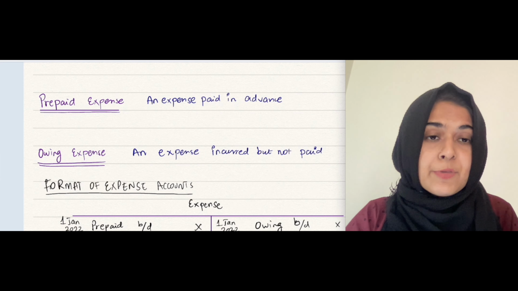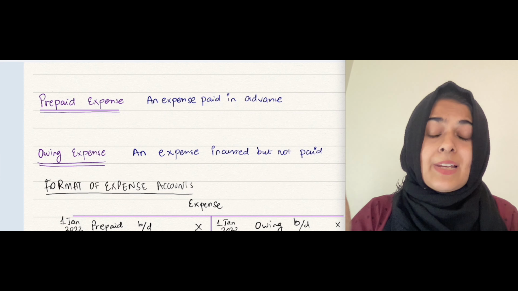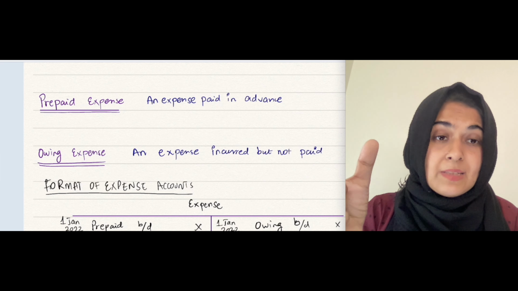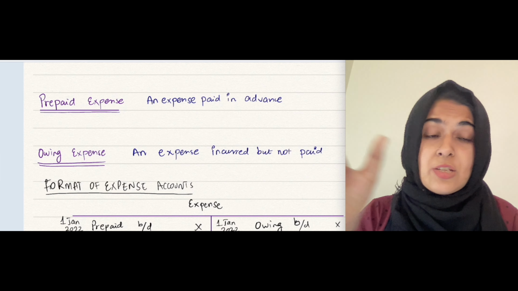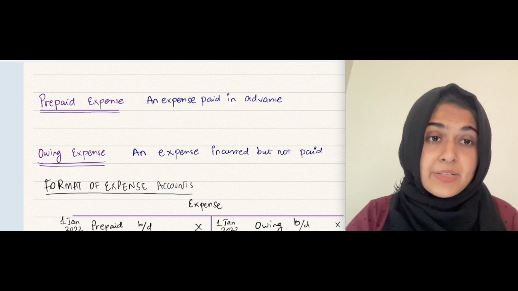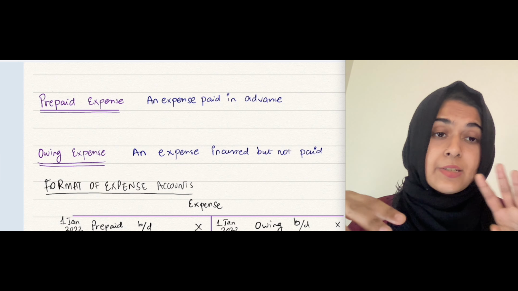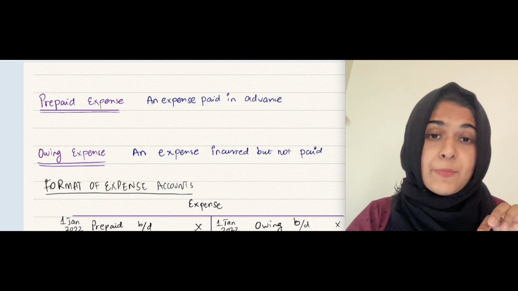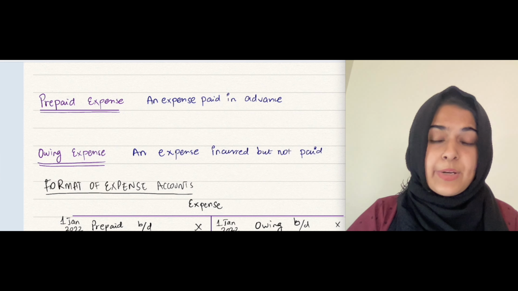So on 31st December 2022 I will have this liability of owing expense because I used the place, I used the service, I used the rent, I used that place, but I did not pay for it for the last 4 months of the year. So September, October, November, December, ठीक है, 2022.